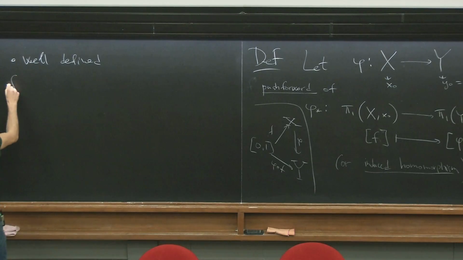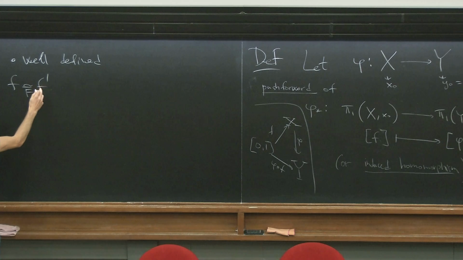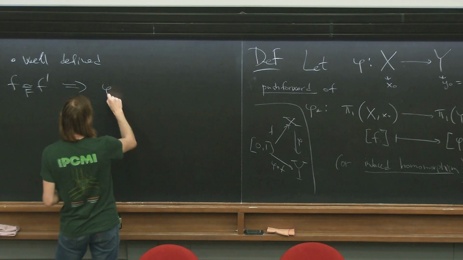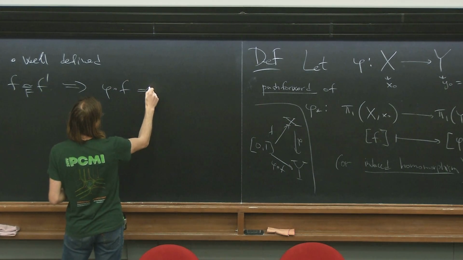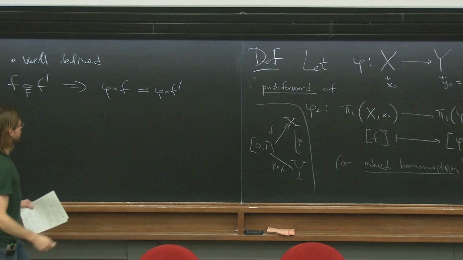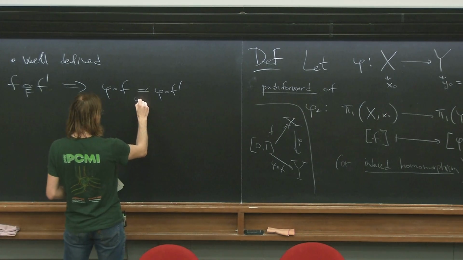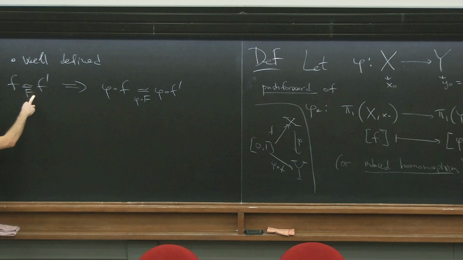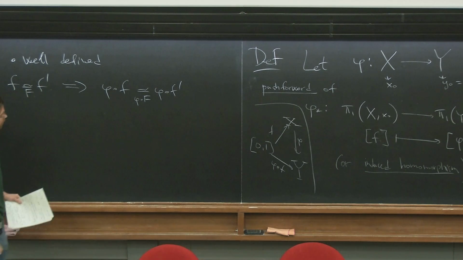So as usual, just take another loop f prime, which is homotopic to f using some path homotopy capital F. But then it will immediately follow that the compositions will also be homotopic, just by using a composition of path homotopy F with our map phi.